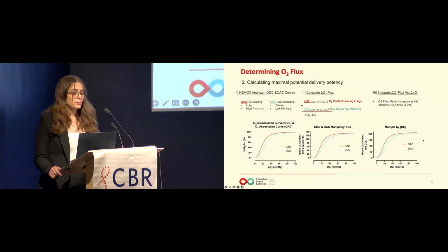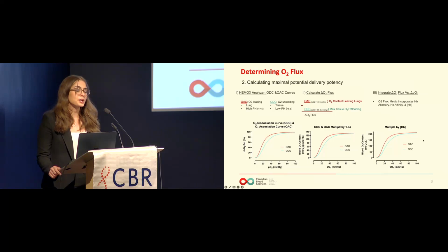So we talked about the oxygen dissociation curve, but the HEMOX analyzer is able to measure the oxygen association curve as well. The oxygen association curve shows the oxygen binding. In this graph, we are showing the oxygen association curve with the red line, and we also ran an oxygen dissociation curve on the same sample, which you can see as the blue line.